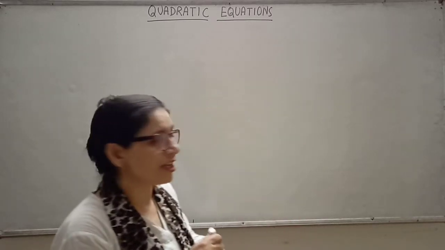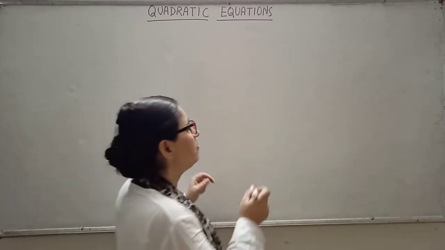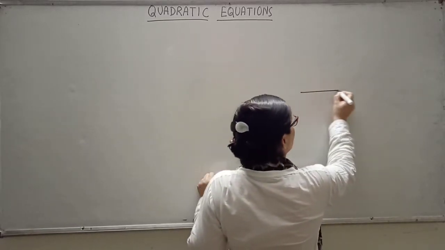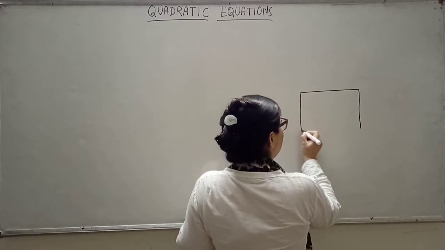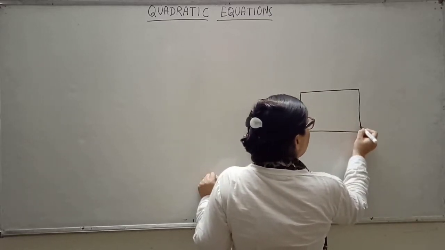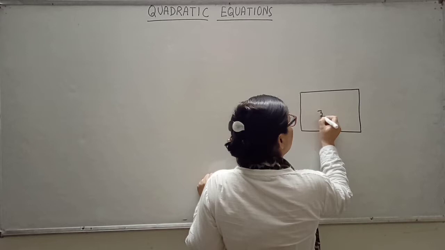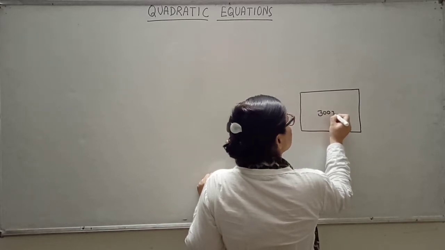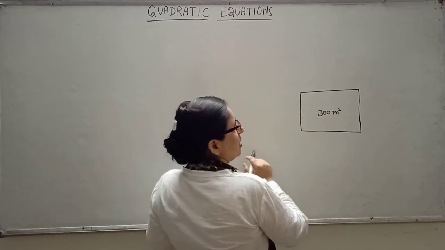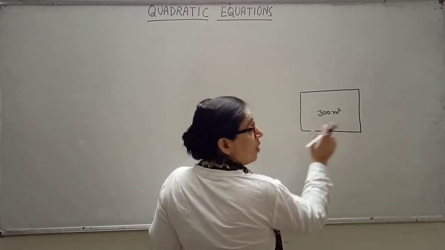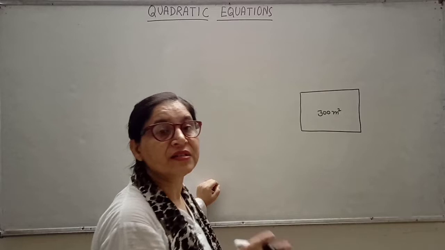Let me try to explain this problem diagrammatically. As I told you, we are planning to make a prayer hall and its carpet area is 300 square meter, and its length is 1 meter more than twice its breadth.